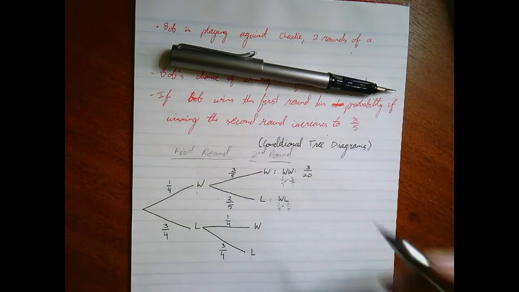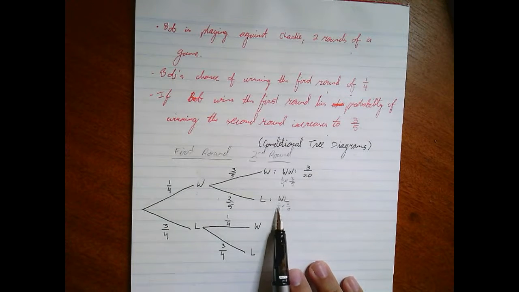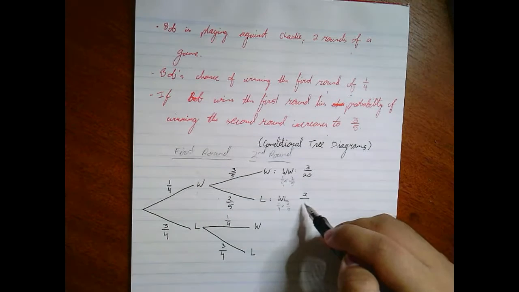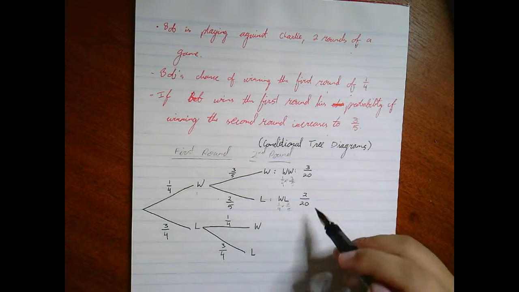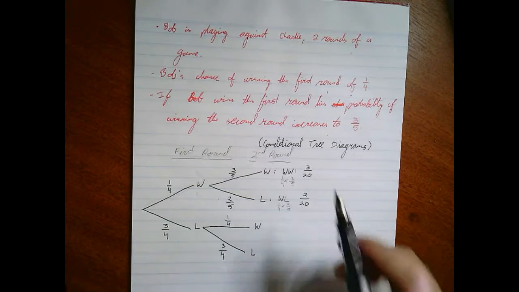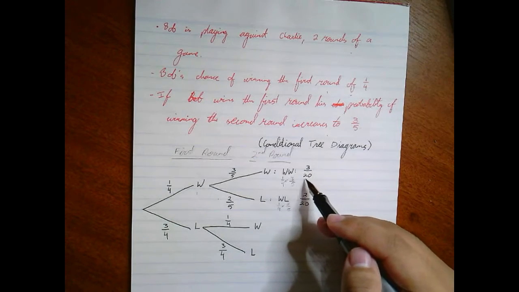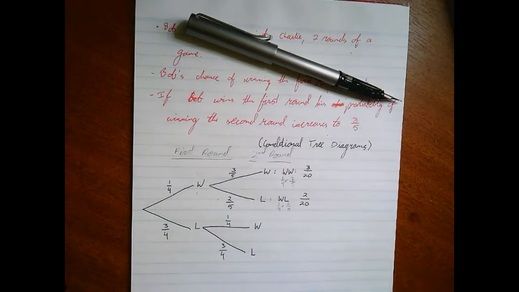And that gives us a total of, well, 1/4 times 2/5, it's 1 times 2, that's 2 out of 20. Normally we would simplify this, but I keep it the same just so that you can see that I try to keep all of these denominators the same.